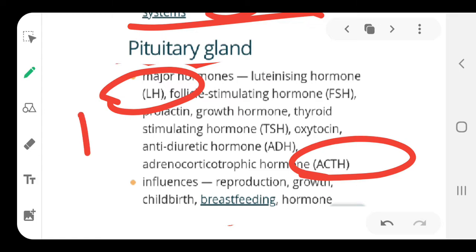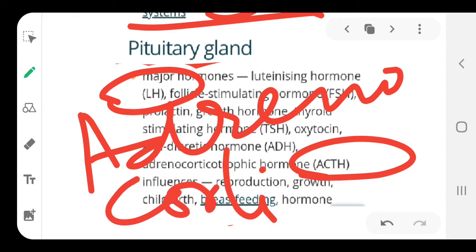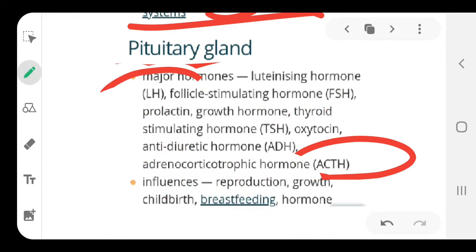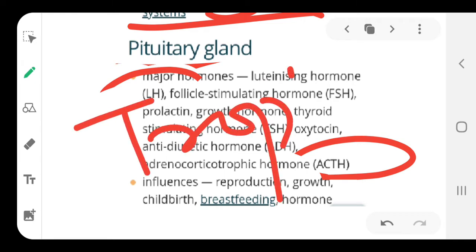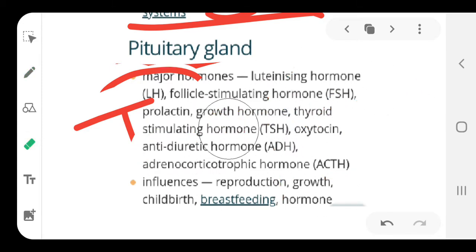So, underline the name adreno, C for cortico, C-O-R-T-I-C-O. So, adrenocortico. This is a new name for you. Trophic hormone, okay, T-R-O-P-H-I-C, adrenocorticotrophic hormone. So, you should know both the full forms, ADH and ACTH.